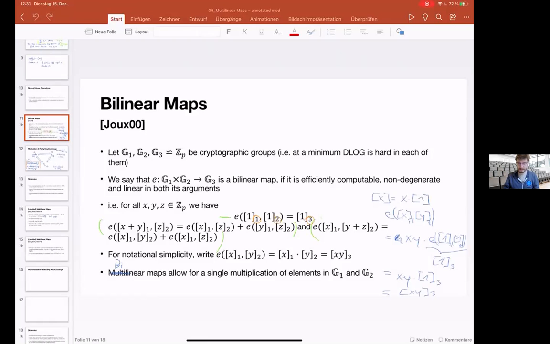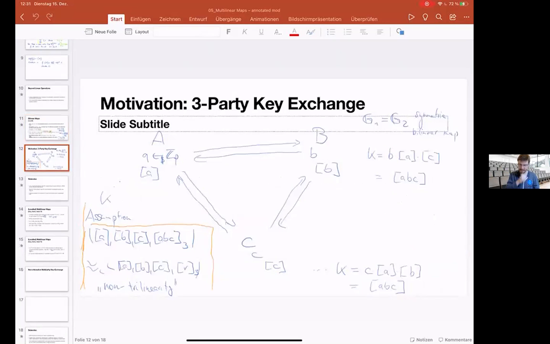Additionally, we have such a bilinear map, which maps from G1 times G2 to G3, which essentially lets us do a multiplication in the exponent. The reason this was originally proposed by Joux was to build something called three-party key exchange.